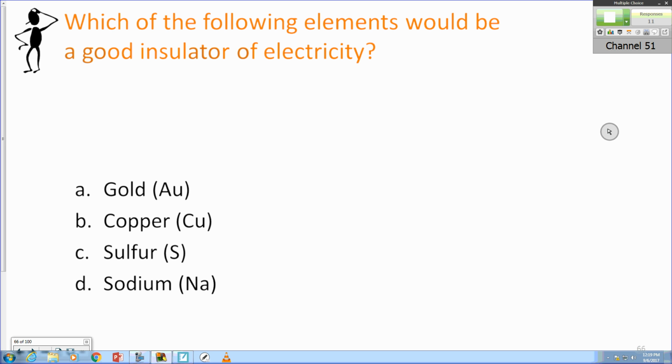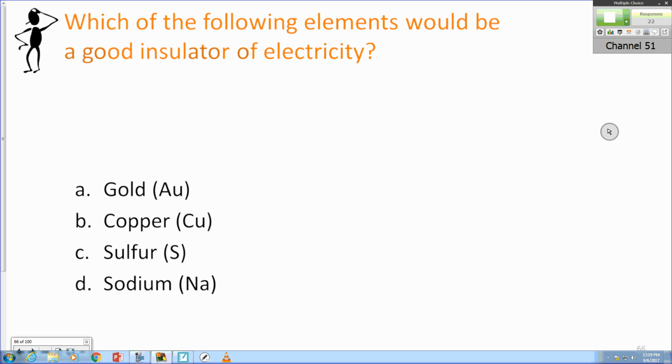I want an element that's a good insulator. Again, it's based on the position in the periodic table. Two more.